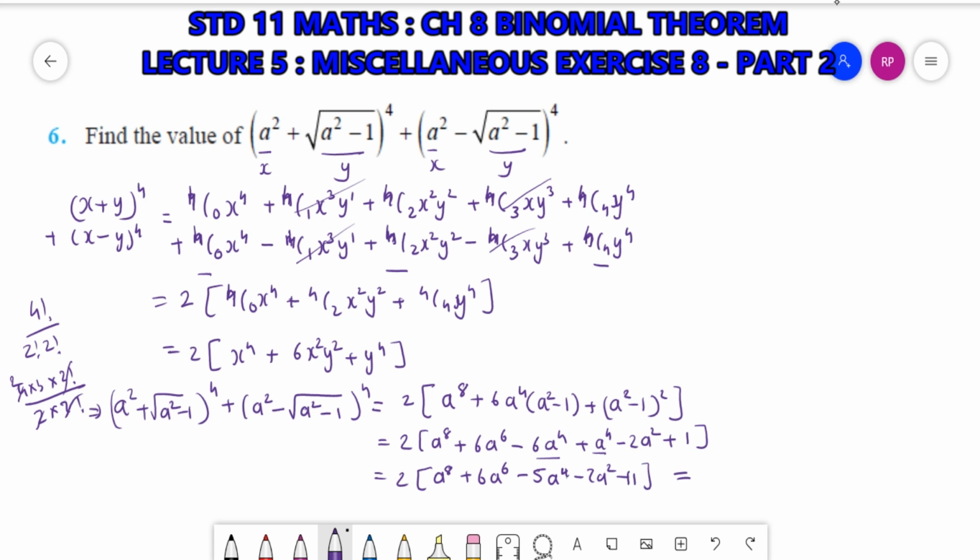So when I multiply by 2, 2a^8 + 12a^6 - 10a^4 - 4a^2 + 2. This is our answer. Okay, so that was about question number 6. So just note it down.